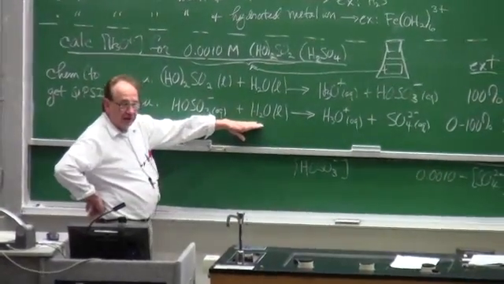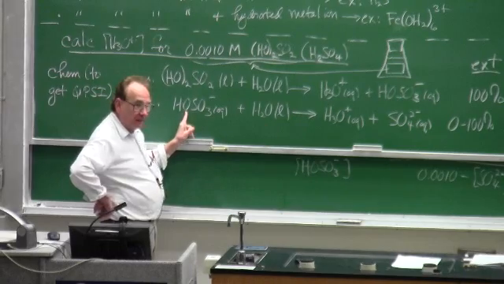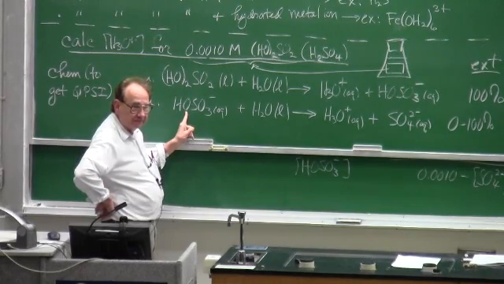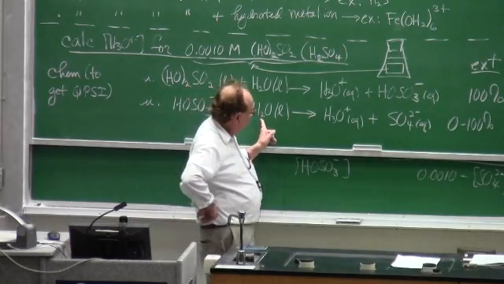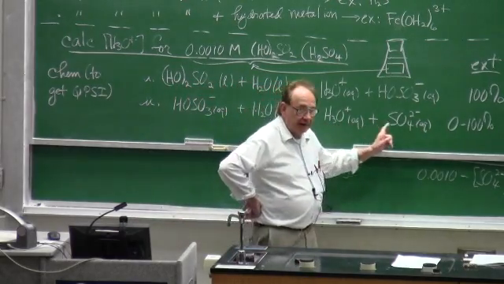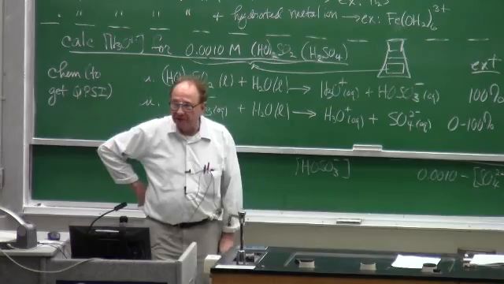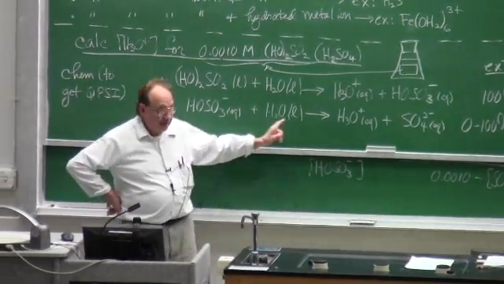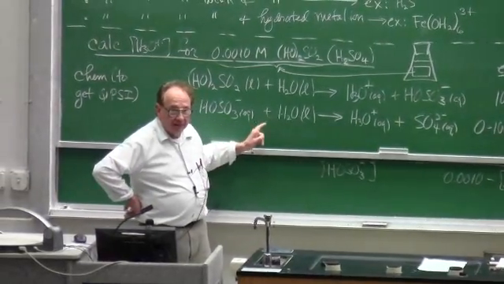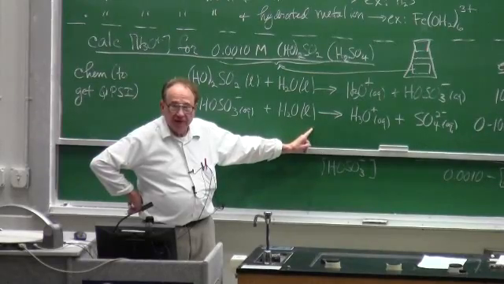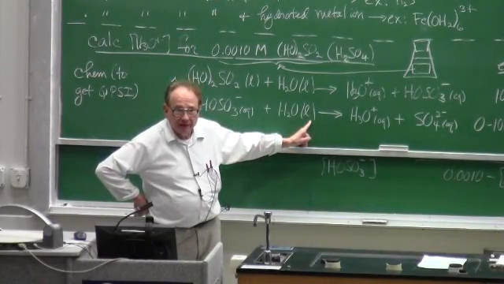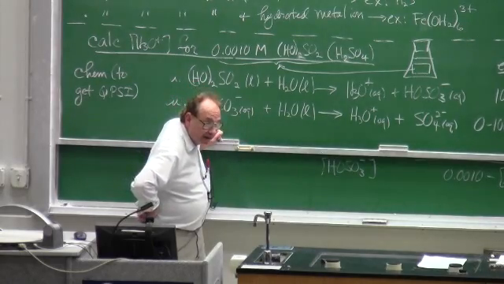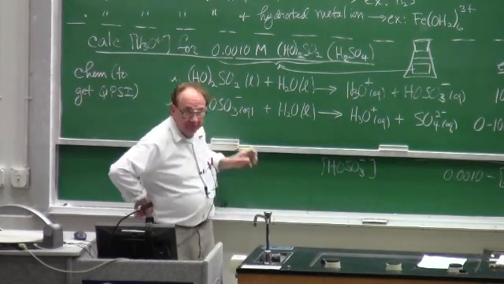Here's the reaction equation, which corresponds to what property of this acid? An acid is reacting with water to make hydronium ion and the conjugate base of the reacting acid. That means, by definition, the K value for this reaction equation is what? Ka of this stuff.